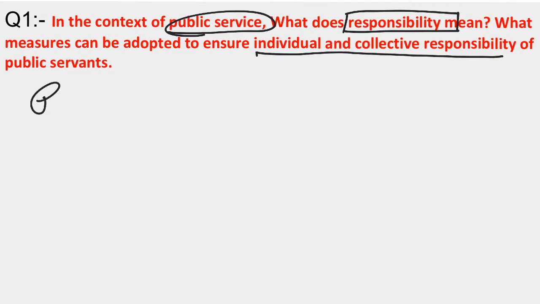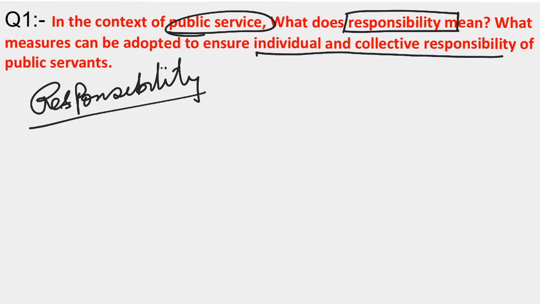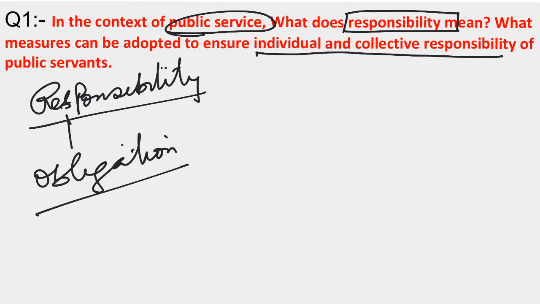First of all, in this question, you will have to define responsibility with an example. Responsibility can be defined as an obligation to carry out certain functions in the public service. Any person can delegate his powers.